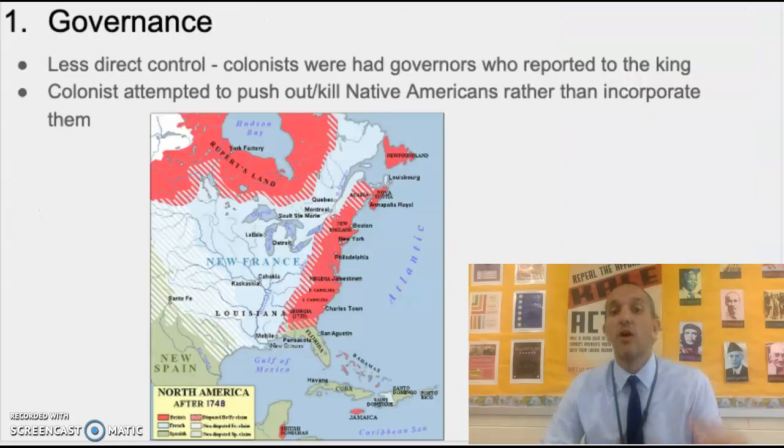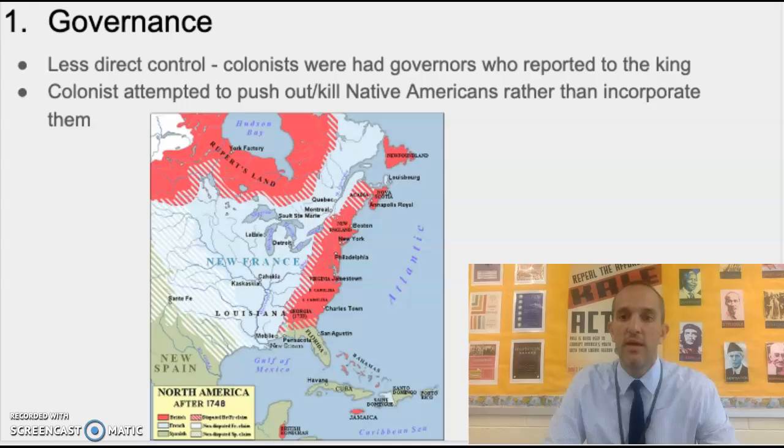In terms of governance and how the Europeans govern these areas, there's a lot less direct control than we see in Latin America. So in Latin America, you have these viceroys or viceroyals who are appointed. Here in the North American and Caribbean colonies, there's really governors who are appointed by the king of whatever that country is to oversee the rule. But there's many different governors.